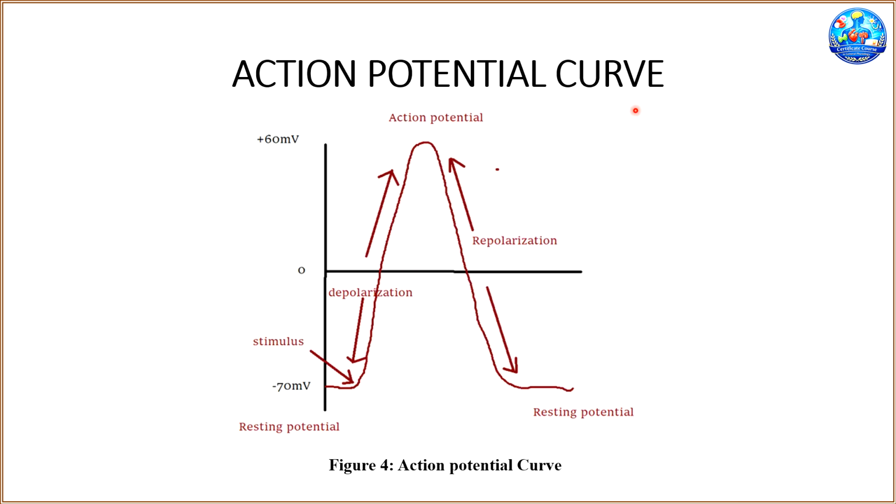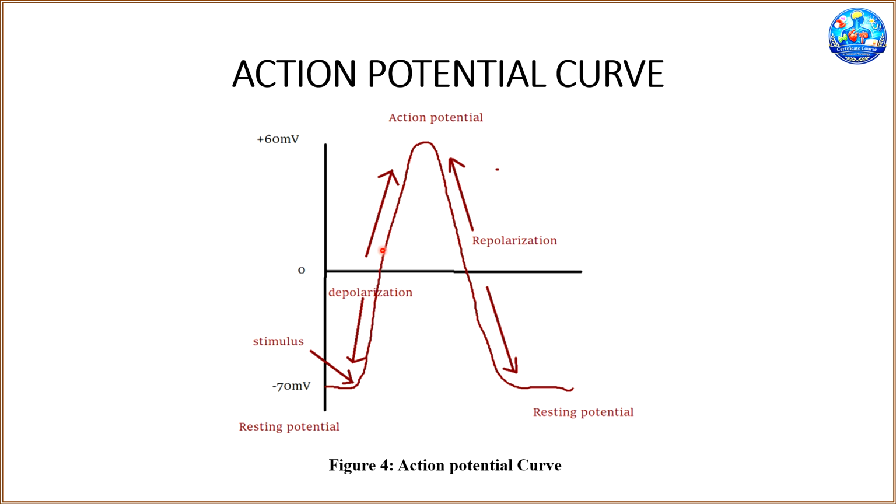Action potential curve. An action potential curve represents the rapid changes in the membrane potential during nerve impulse transmission. At the resting stage, a neuron is said to have the resting potential, which is around minus 70 millivolts. Upon stimulus, the voltage-gated sodium channels open up, causing depolarization.